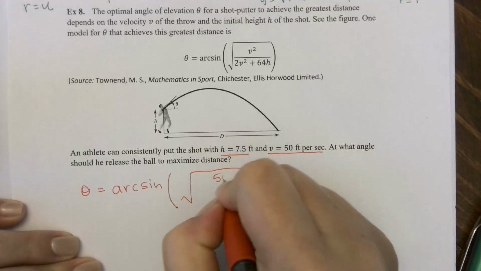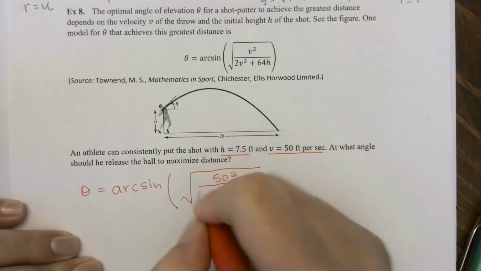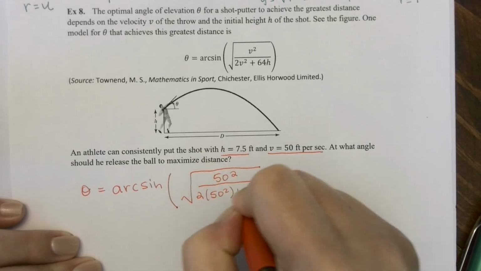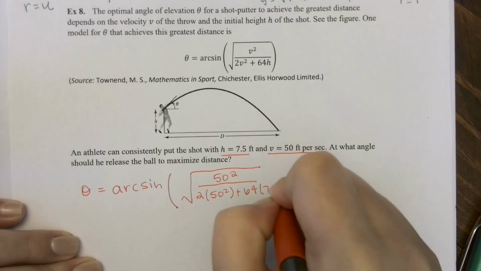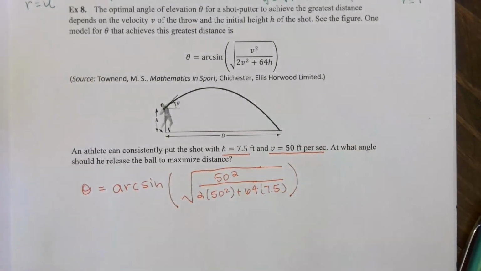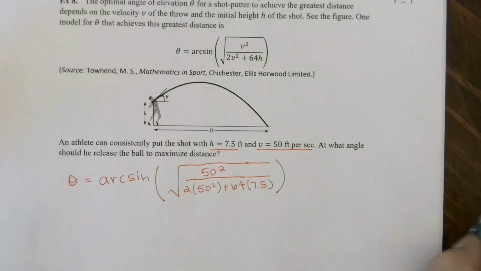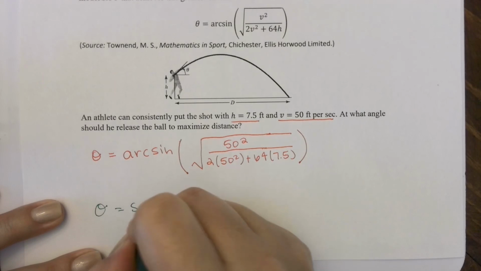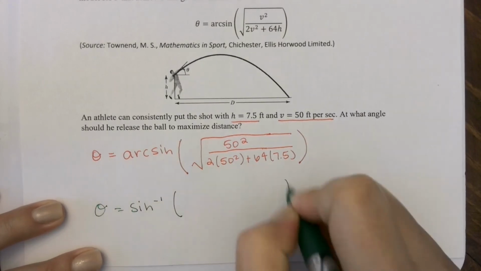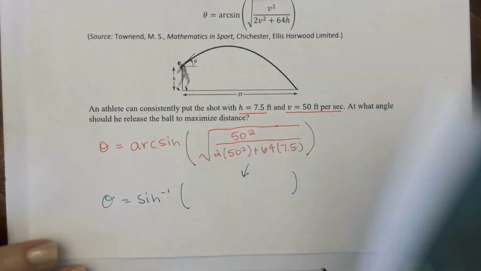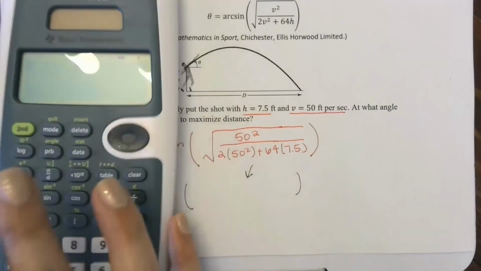We have 50 squared in the numerator, and then we have 2 times 50 squared plus 64 times 7.5. We plug this into our calculator and take sine inverse of all of this.